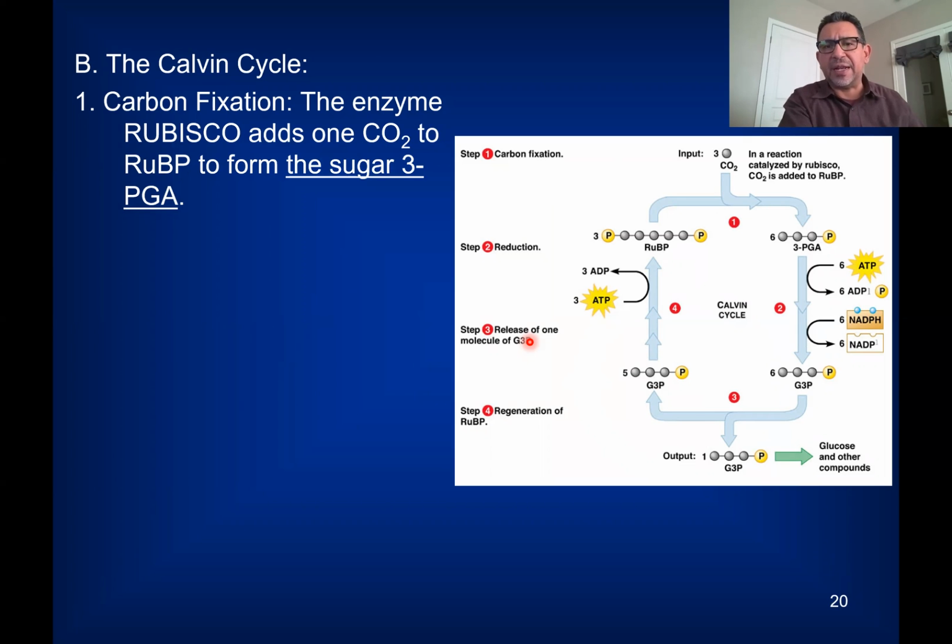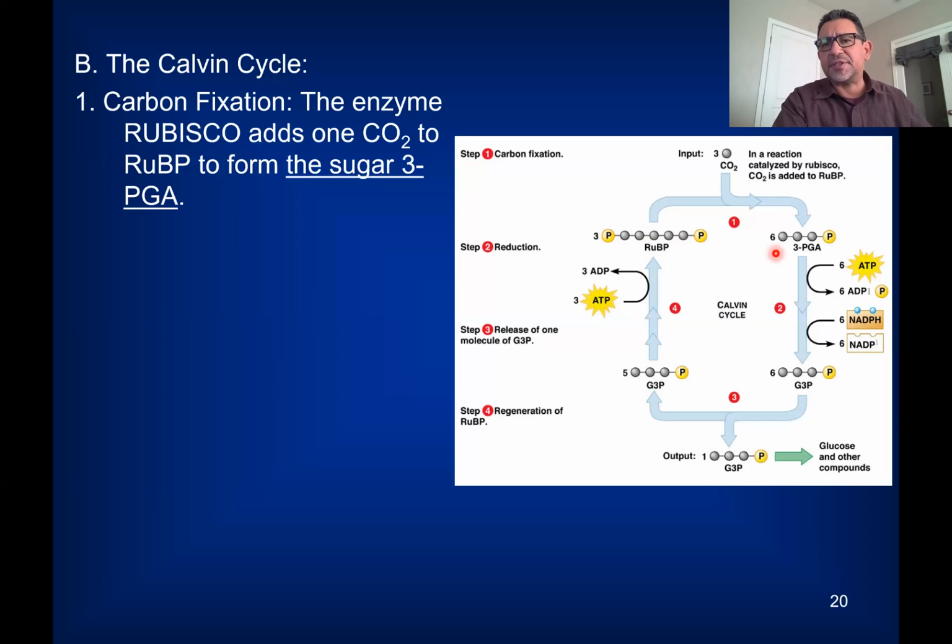And so the reason it has this particular name is because the enzyme Rubisco is going to take the 5-carbon sugar ribulose biphosphate and it's going to fix. Fixing here means like sticking, like attaching, like when you fix something to a wall, means that you're attaching it there permanently so it doesn't fall off. So carbon fixation means attaching carbon from carbon dioxide onto this 5-carbon sugar called ribulose biphosphate.